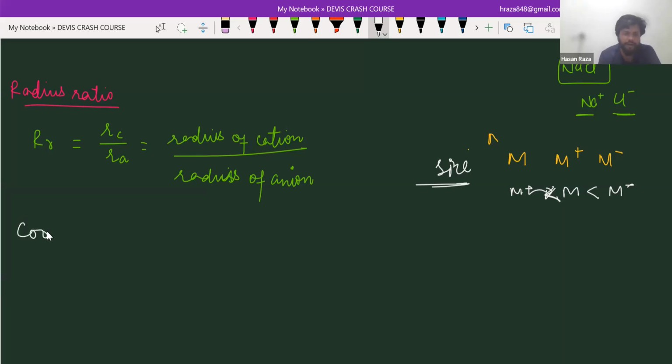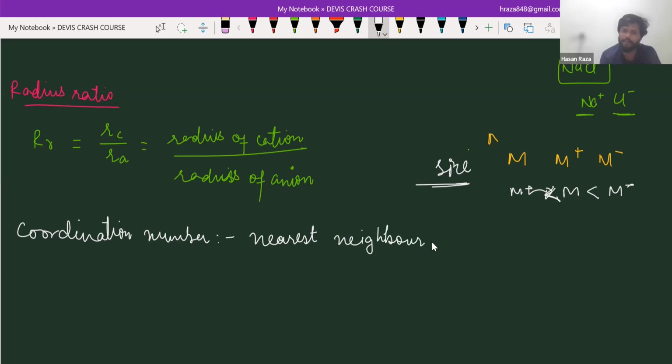I just defined the coordination number. Coordination number means nearest neighbor atom, or we can call it nearest touching atom.